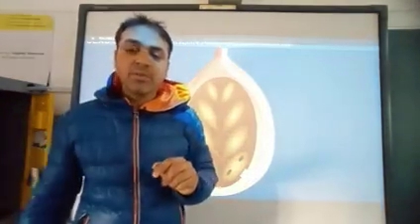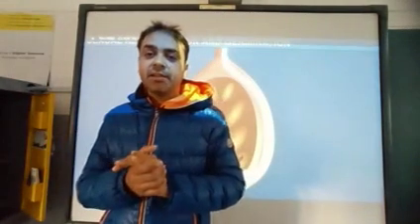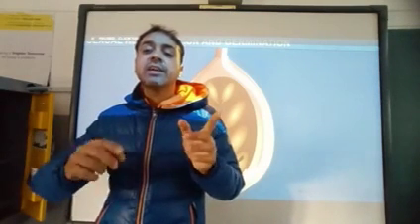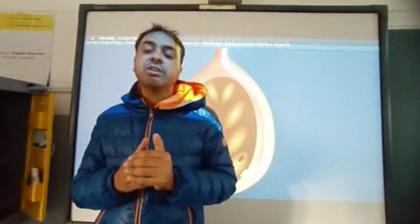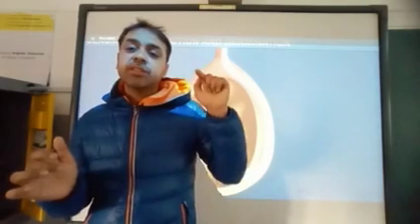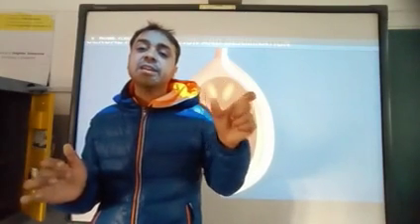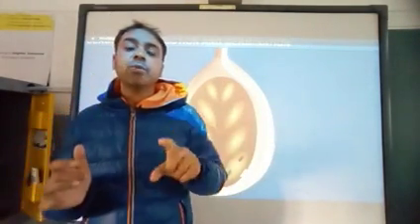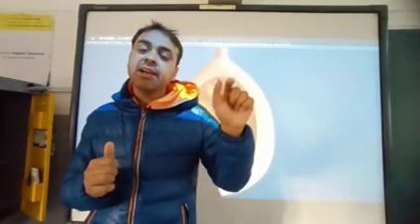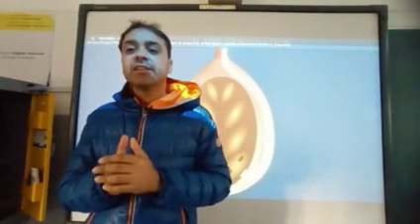There are two types of nucleus inside the male. One is called the tube nucleus, and the other is the male nucleus or generative nucleus that is present in the pollen grain. So this generative nucleus or male nucleus has to fuse with the female nucleus. There are two nuclei inside the ovary also, where the fertilization will take place. That is called the egg cell and the central cell.